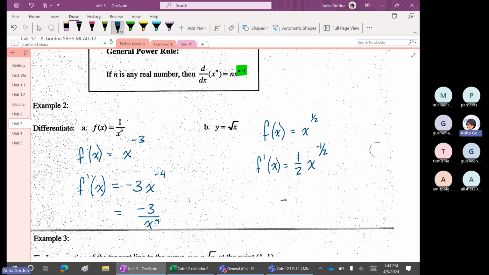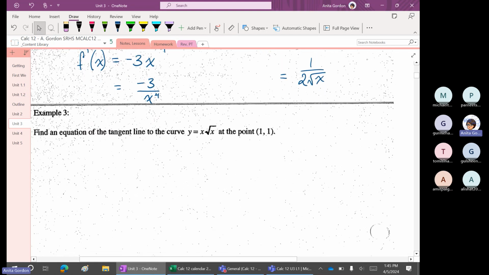How else can I write this? Square root x, where's the 2 go? Top or bottom? Bottom. So that's another way of writing it. Okay, so 1/2 is your coefficient to the power of -1/2. So negative means that the x is in the denominator. 1/2 means it's a radical.